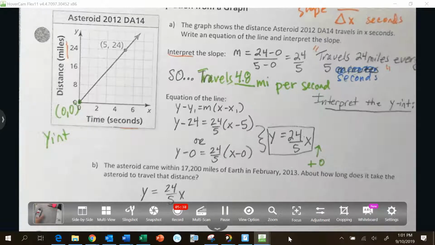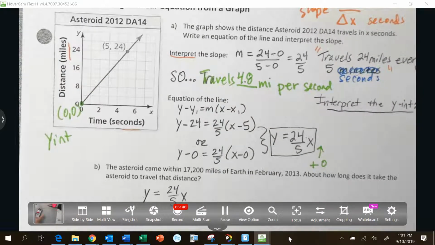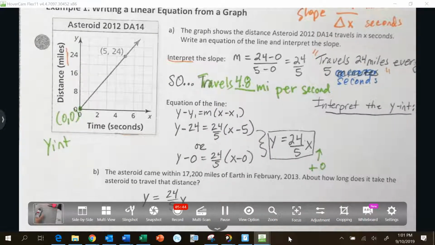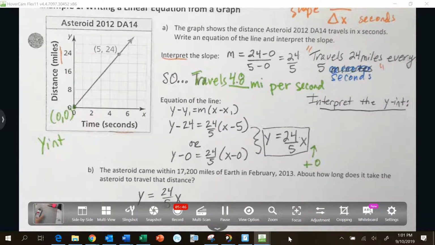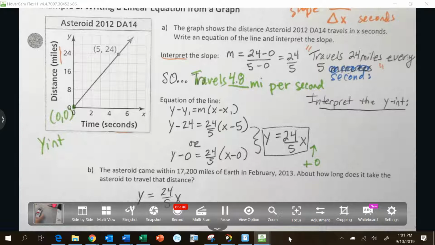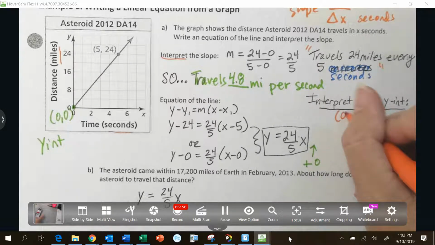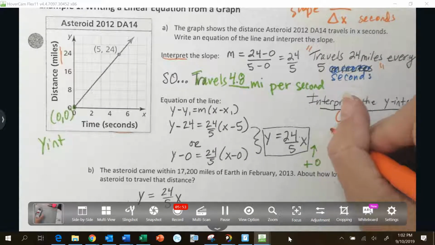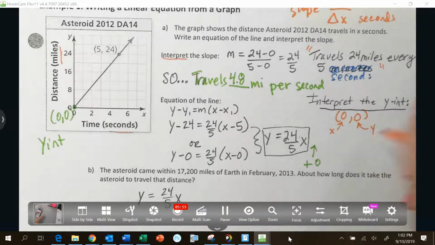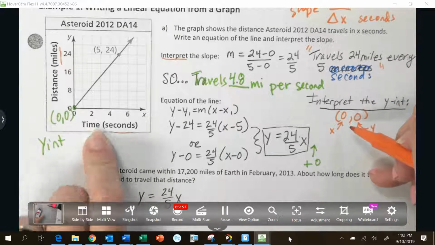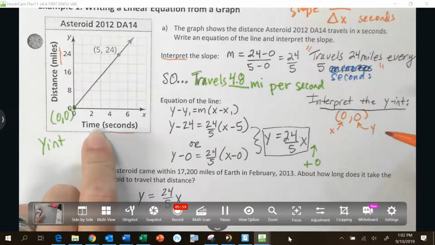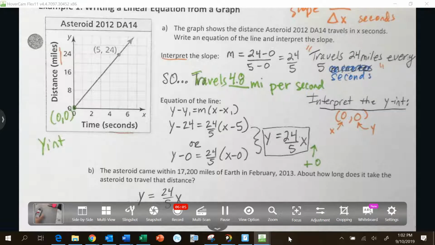What does the y-intercept mean for this picture? We have to talk about time and distance traveled. Think about it like an ordered pair. This is 0, 0. I'm going to talk about the x first, then the y. X is time. So what does 0 mean for time? That means no time has passed, right?